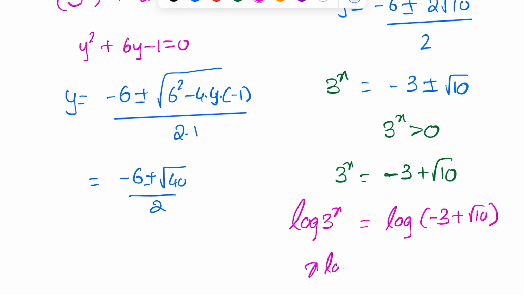So x log 3 equals log of (negative 3 plus root 10). So log 3, when it comes to the denominator, becomes base 3. So log base 3 of (negative 3 plus root 10) is going to be the answer for question number 19.